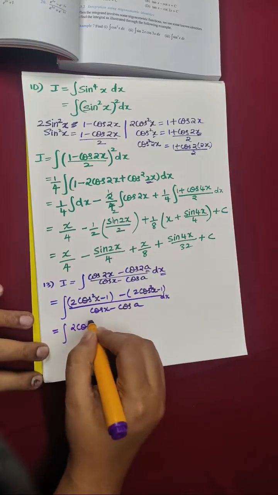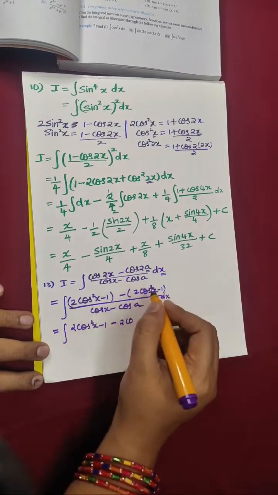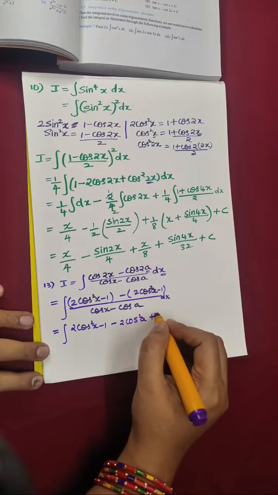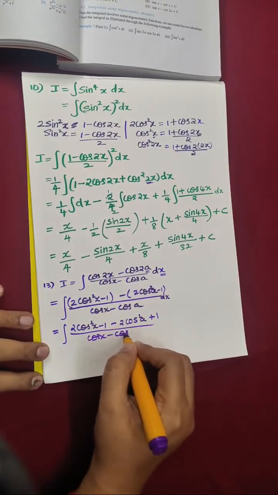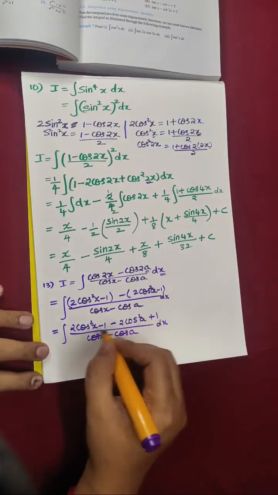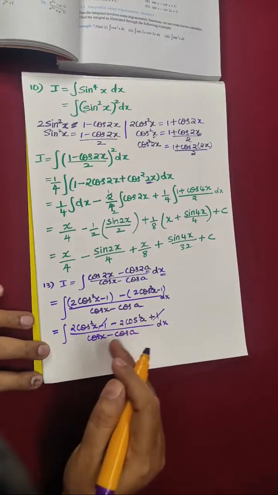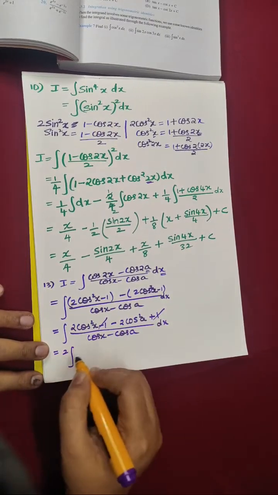So we have 2 cos square x minus 1 minus of, like we will be multiplying minus inside, isn't it? So 2 cos square a minus into minus plus 1 by cos x minus cos a into dx. Minus 1 plus 1 gets cancelled. Since 2 is common, you can take 2 as common outside.